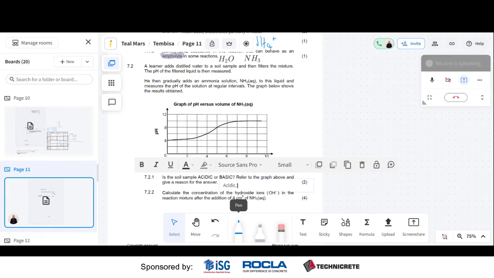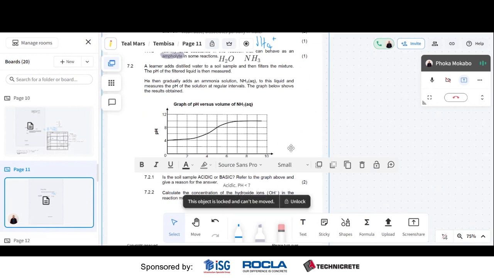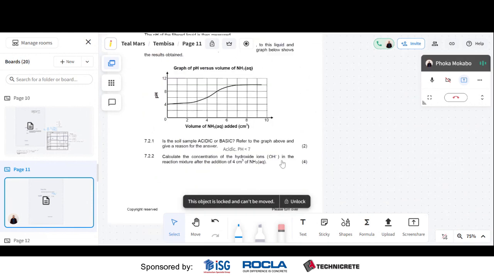Why? Because in the beginning, it has a pH level below 7. 7 would be the midpoint or the neutral point, but because it is lower than 7 in the beginning, the soil sample is acidic.